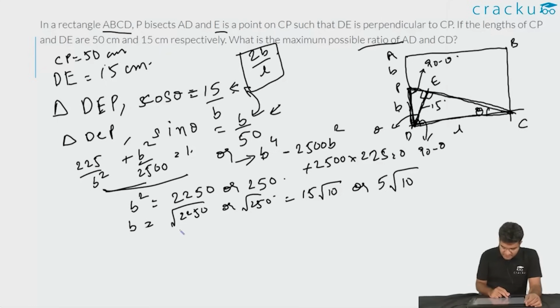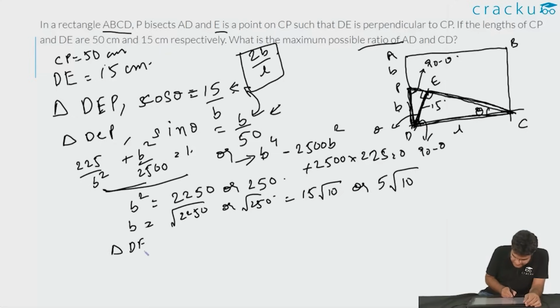Now once we found out the two values of b, we can find out similar values of L. So if we are looking at it in this triangle, that is in triangle DEC, this is theta and L is the hypotenuse, therefore sine theta is equal to 15 by L. But we know that sine theta is also equal to b by 50.